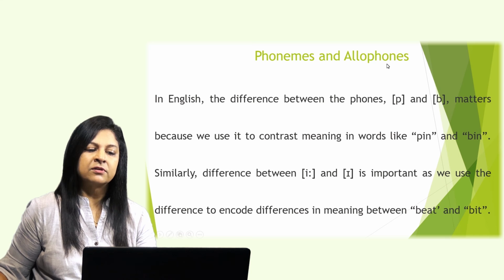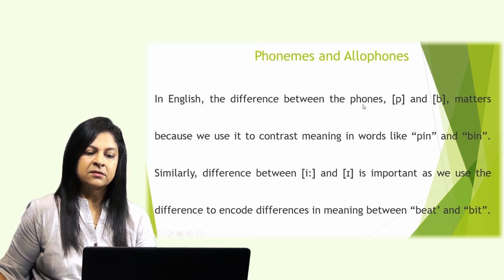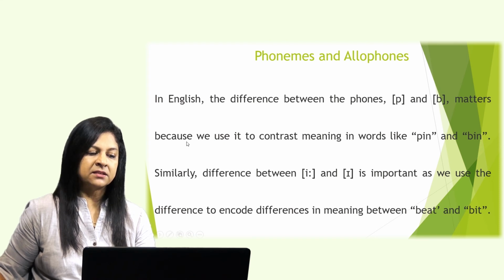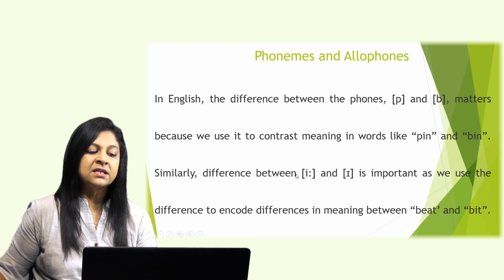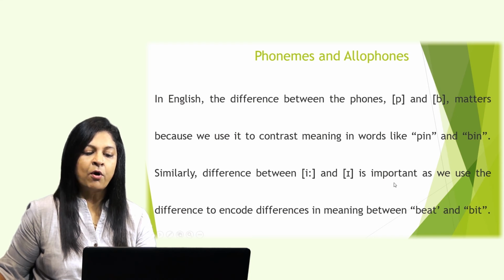Phonemes and allophones. In English, the difference between the phones p and b matters because we use it to contrast meaning in words like pin and bin. Similarly, the difference between the vowels in beat and bit is important as we use it to encode a difference in meaning.